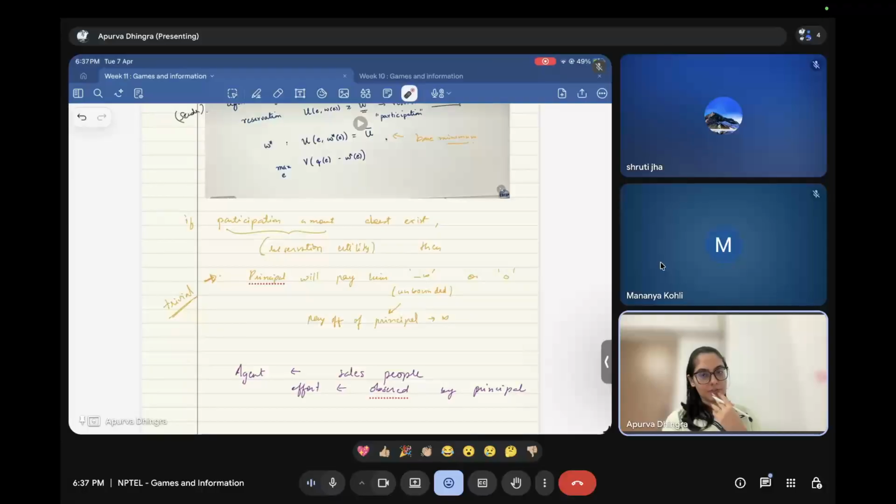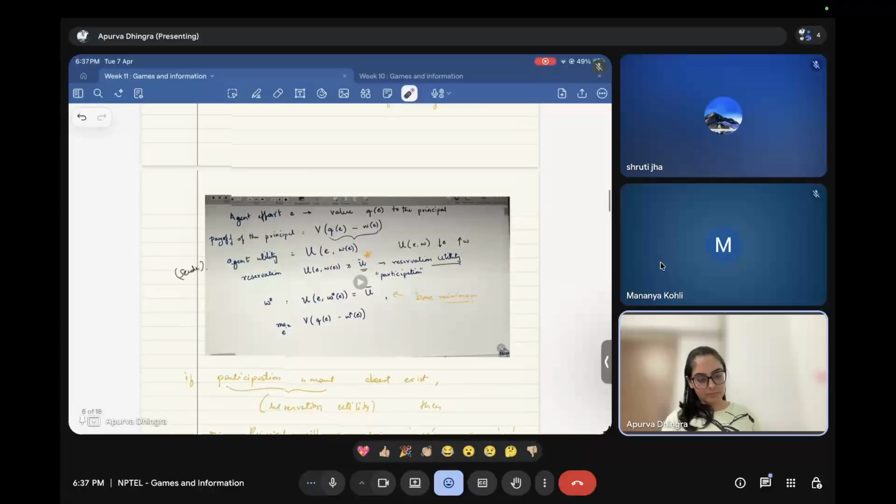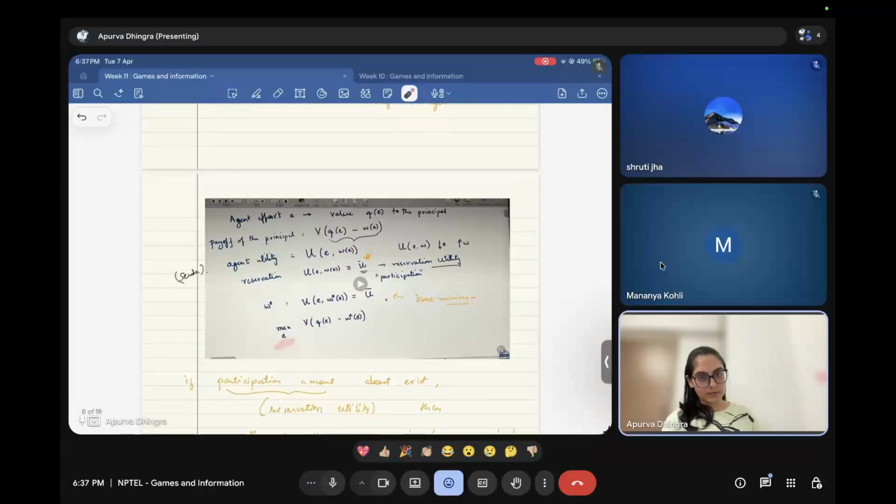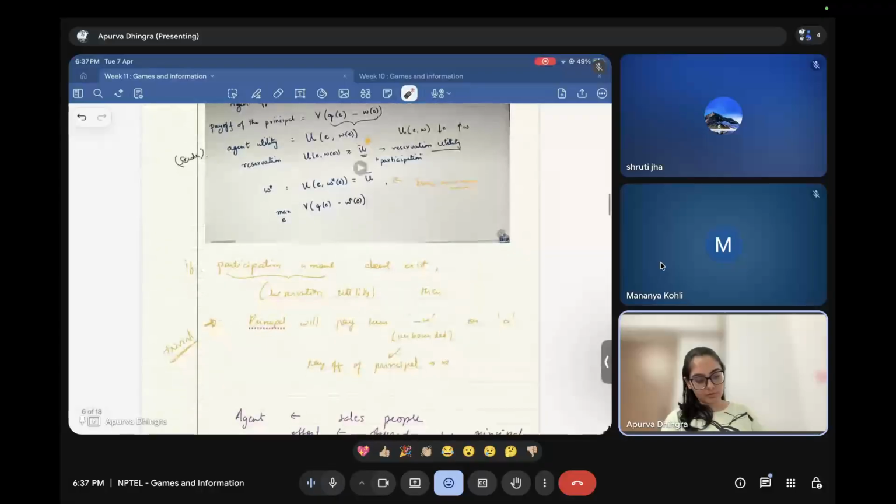He can't see how much effort was made. If he can't see the efforts made by the person, he can't be maximizing with respect to E. He has to be doing the optimization with respect to whatever is possible.